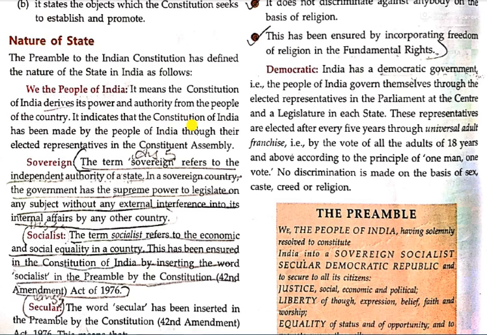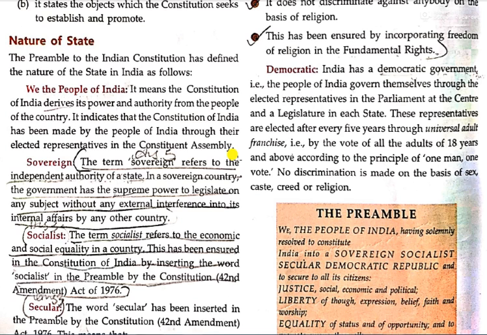It indicates that the Constitution of India has been made by the people of India through their elected representatives in the Constituent Assembly. So we had already learnt before that the Constitution was framed by the Constituent Assembly, the committee known as the Constituent Assembly, and the members of this committee were elected by the people.